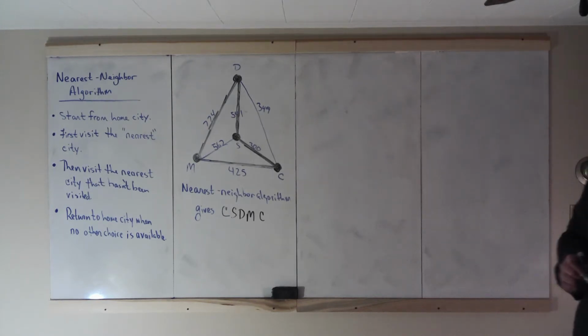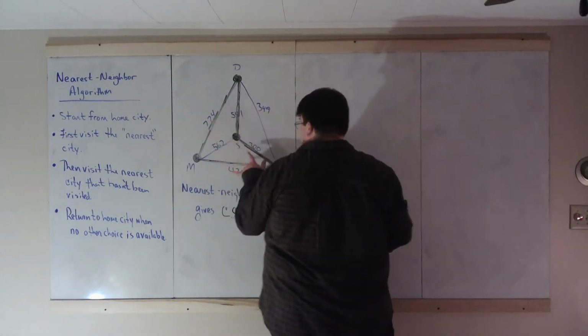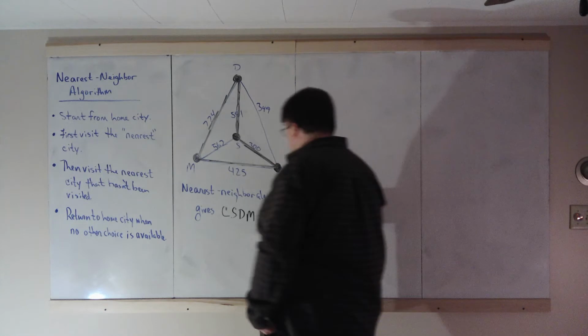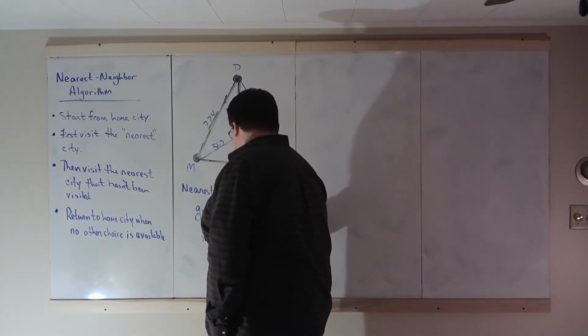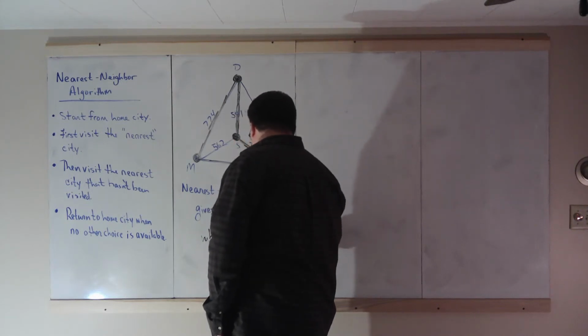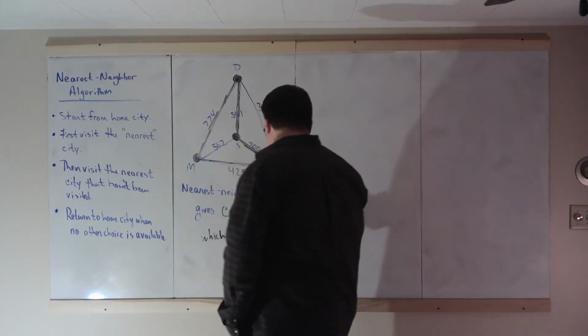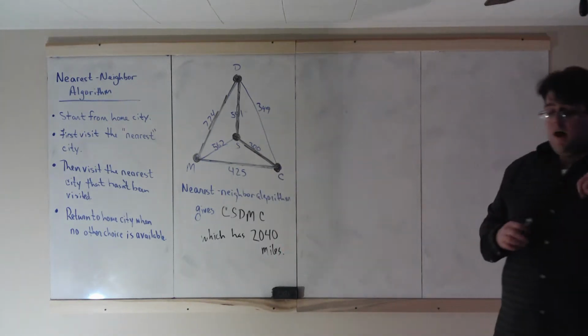Oh, 12, not 17, 12, 19. Okay, that's why I was getting that. I was thinking 1,200 plus 700 was 17. That gives this, which has 2,040 miles. So this algorithm on this example did not give the optimal solution.